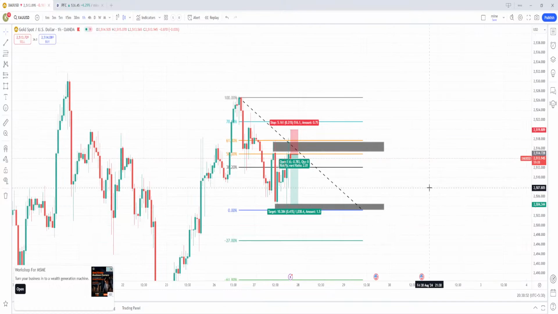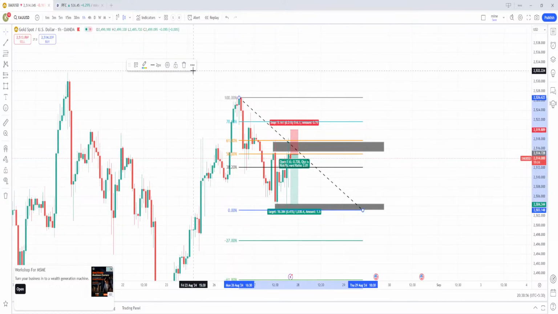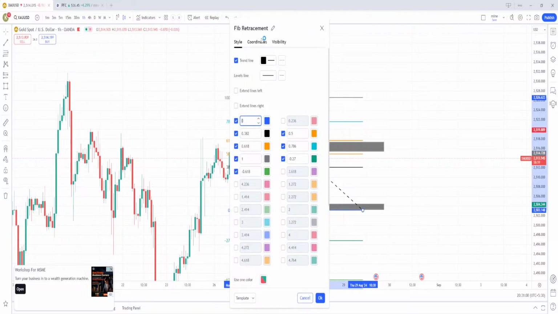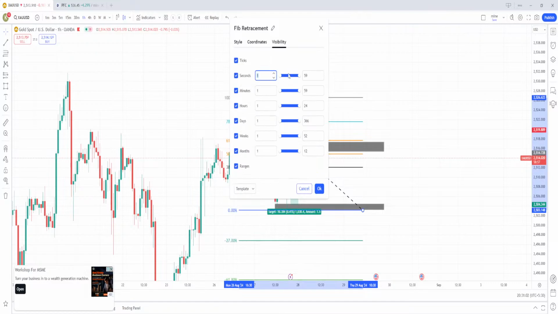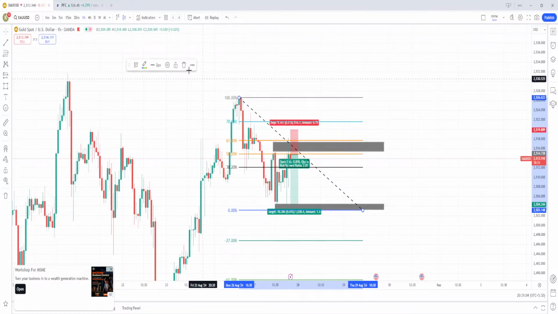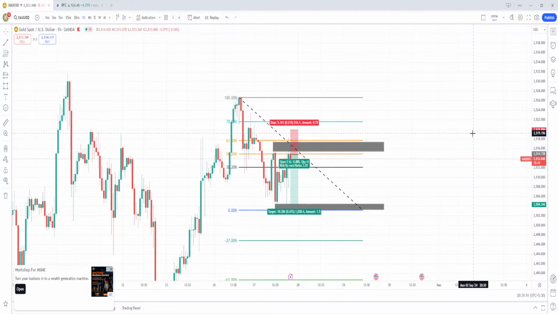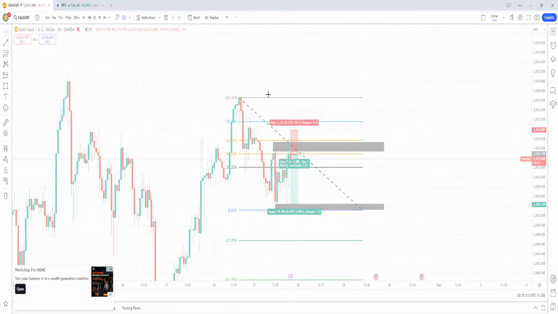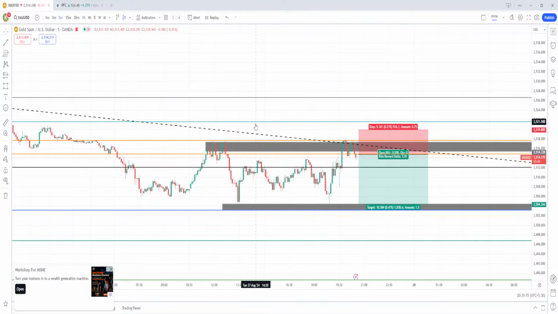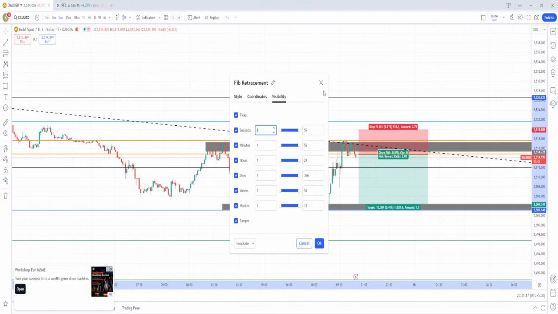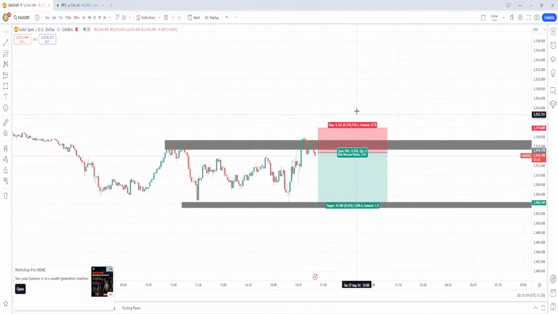I am going to reduce the opacity. Okay, for clear visualization, I deleted the Fibonacci retracement.